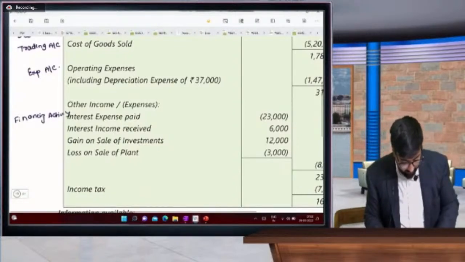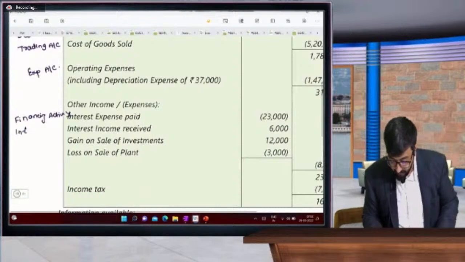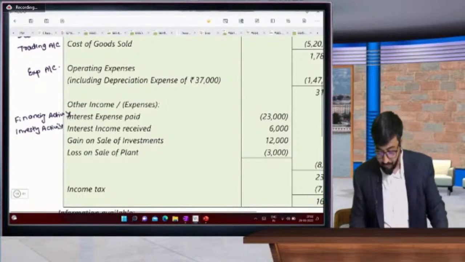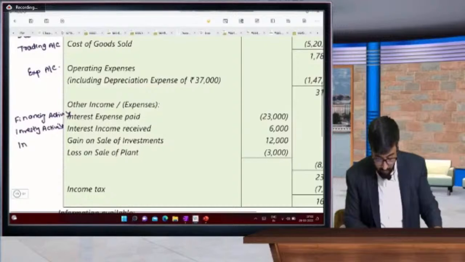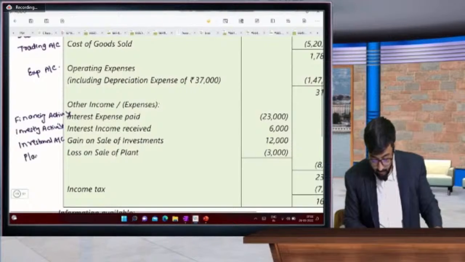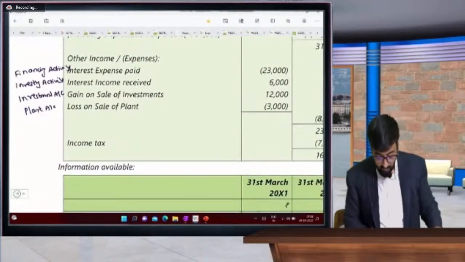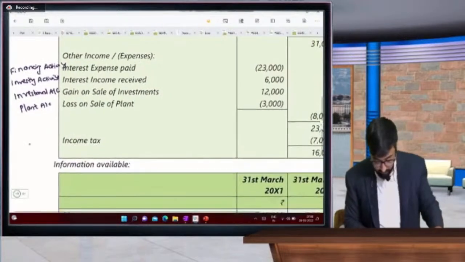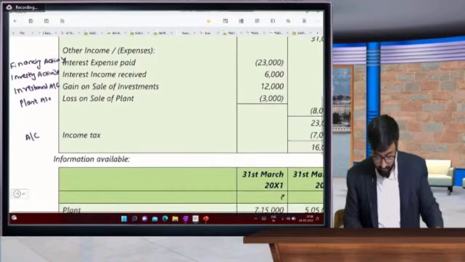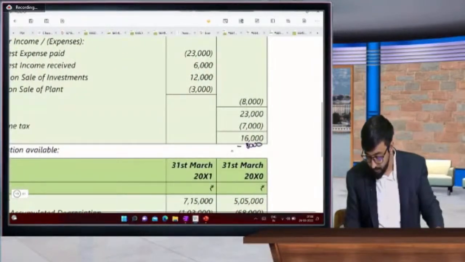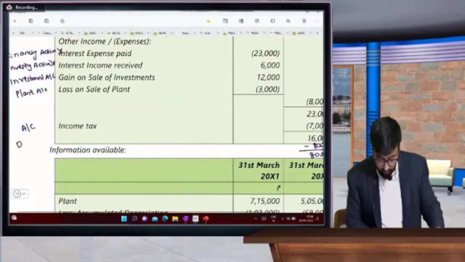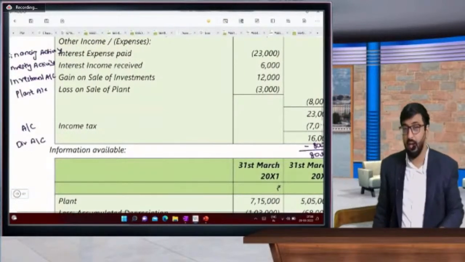After interest expense, interest income is investing activity. Gain on sale of investment, you will write it in investment account. Loss on sale of plant, you will write it in plant account. Income tax account, and last one, dividend account.